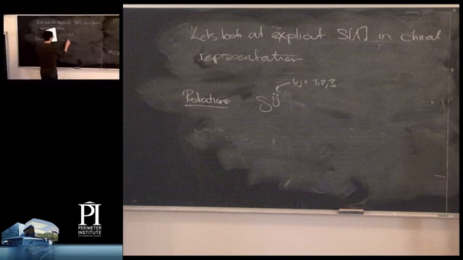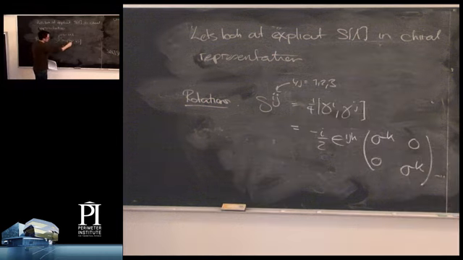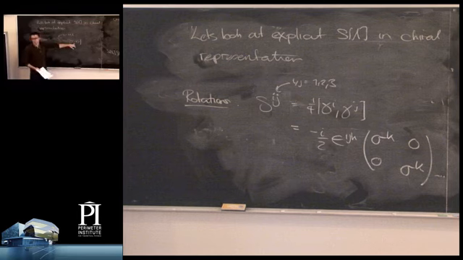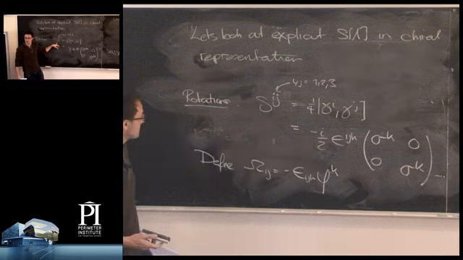And this is equal to a quarter gamma^i gamma^j. And if you plug in the chiral representation for gamma^i and gamma^j, that has Pauli matrices in there, what you get is the following. Okay, so this is what the generators of rotations are in the spinor representation.